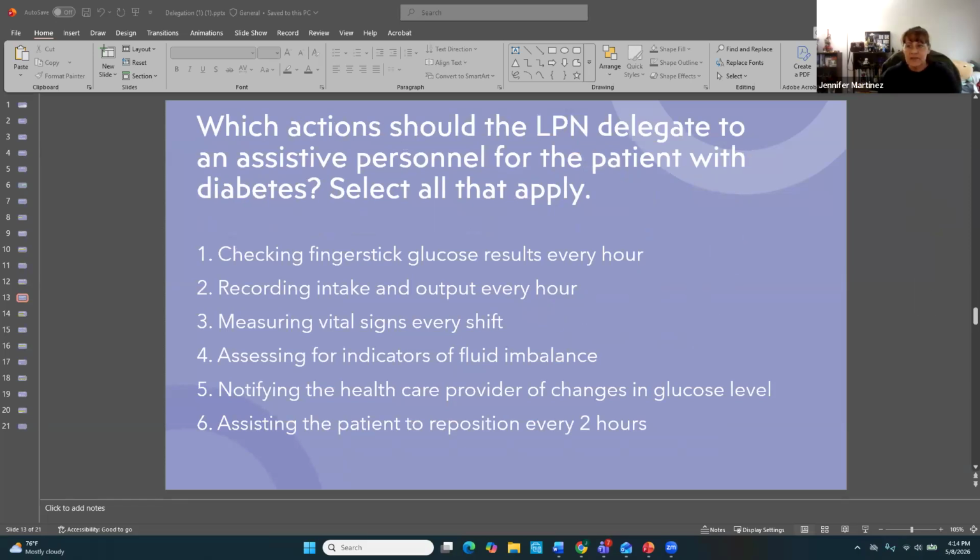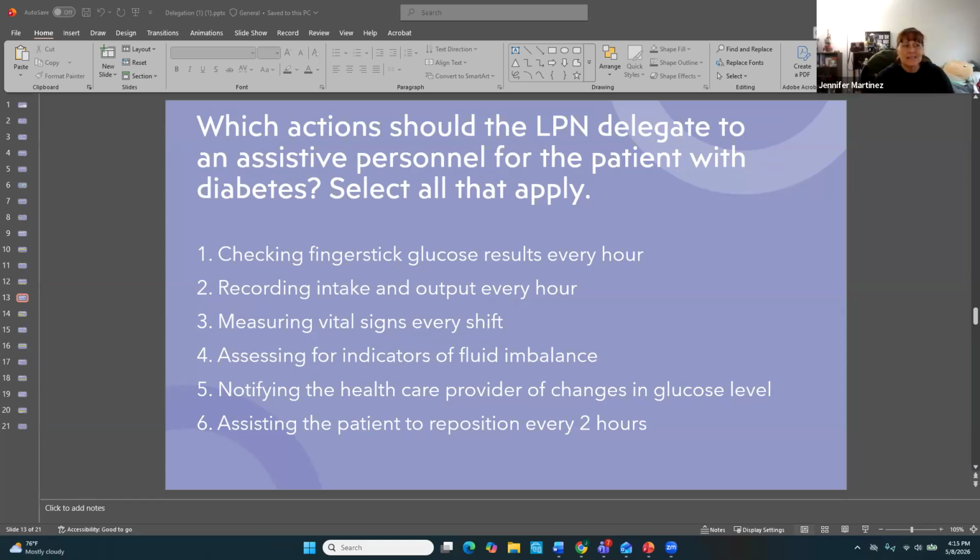All right, this one, select all that apply. Which actions should the LPN delegate to an assistive personnel for the patient with diabetes? 1, checking finger stick glucose results every hour. 2, recording I&O every hour. 3, measuring vital signs every shift. 4, assessing for indicators of fluid imbalance. 5, notifying the healthcare provider of changes in glucose level.